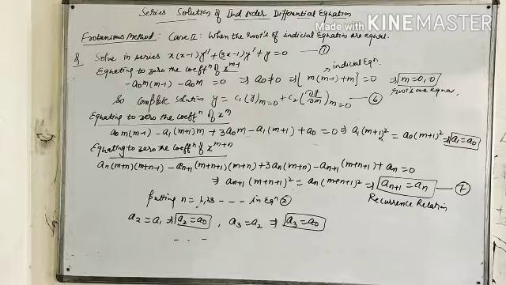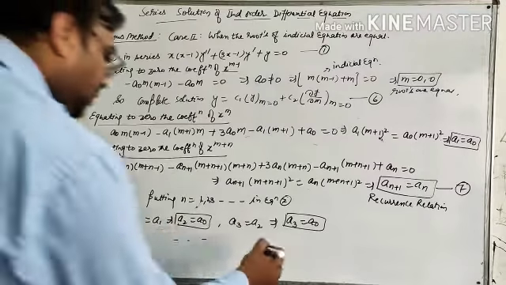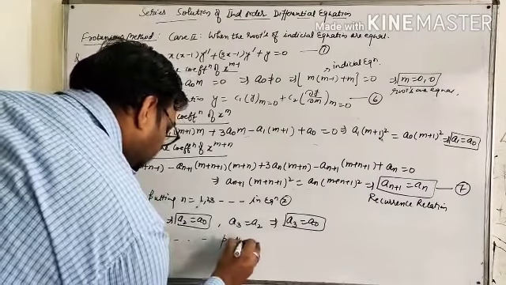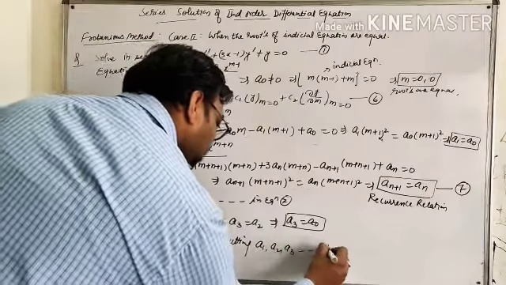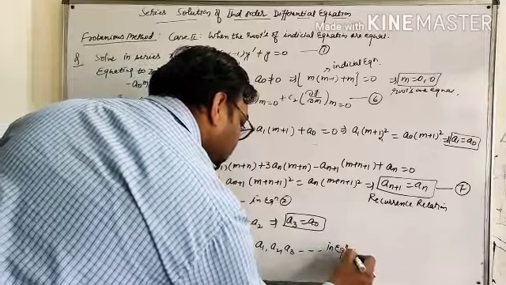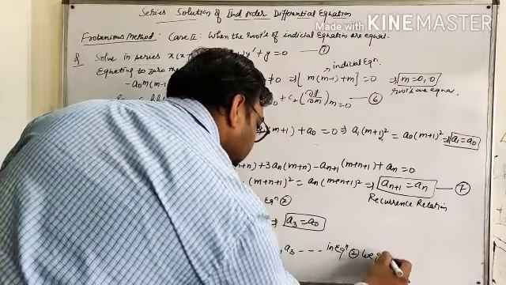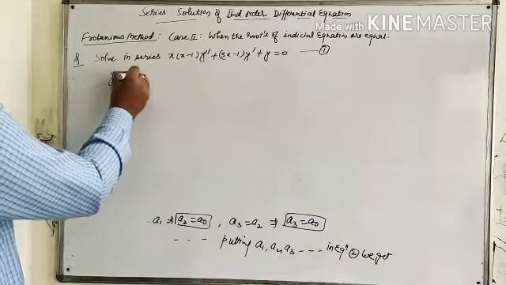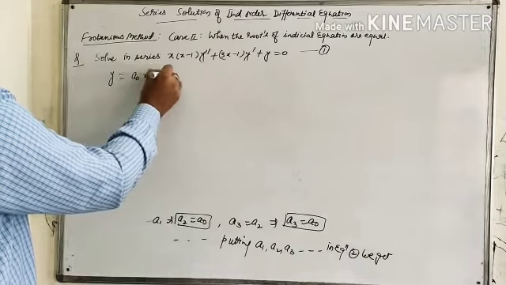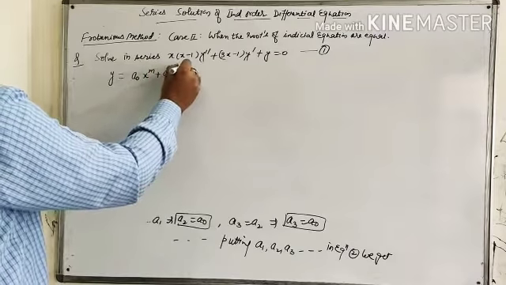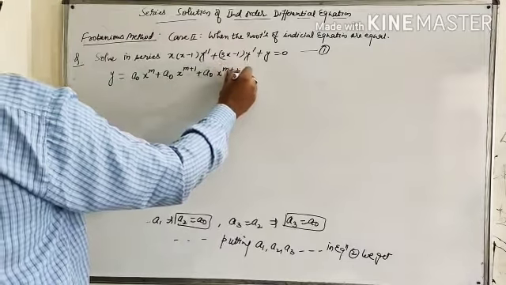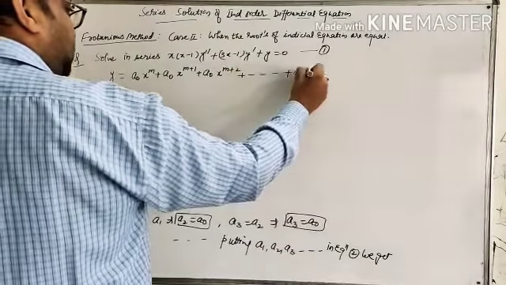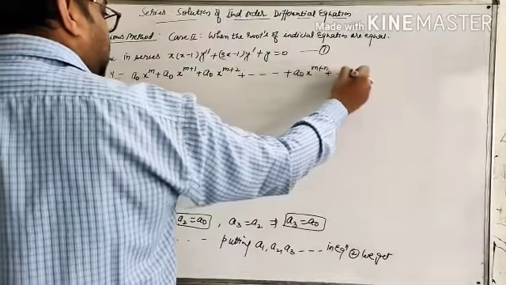So on putting a1, a2, a3 and so on in equation number 2, we get y equals a naught x raised to power m plus a naught x raised to power m plus 1 plus a naught x raised to power m plus 2, a naught x raised to power m plus n and so on.